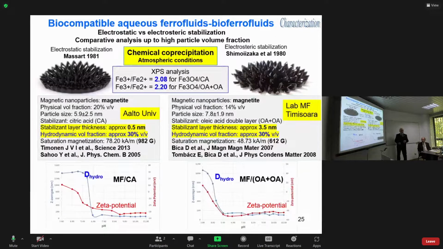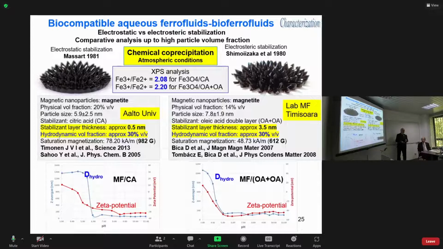Let's see this overall characterization, which we did more recently, on two very different aqueous ferrofluids. One uses electrostatic stabilization. We do not practice this. These are colleagues from Finland who practice this.